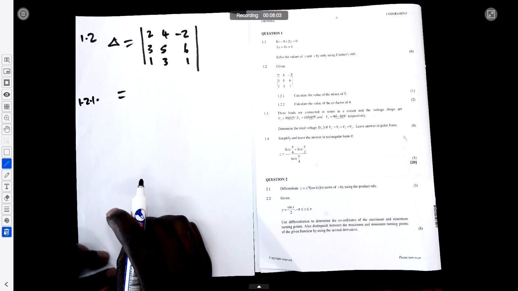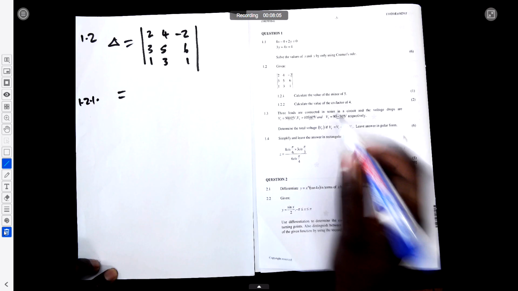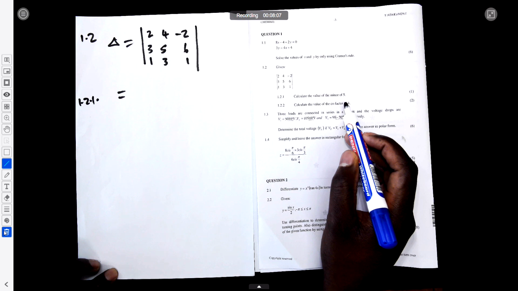For 1.2.1, we need to calculate the value of the minor of 5.